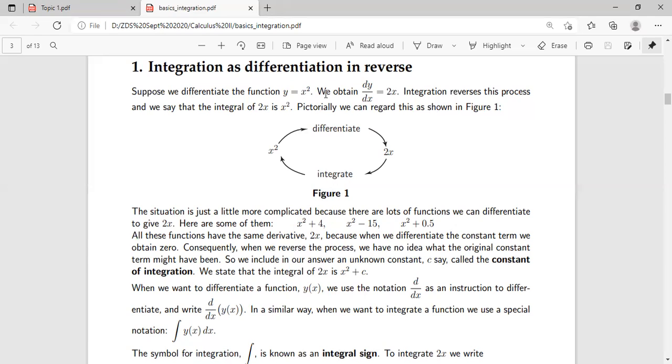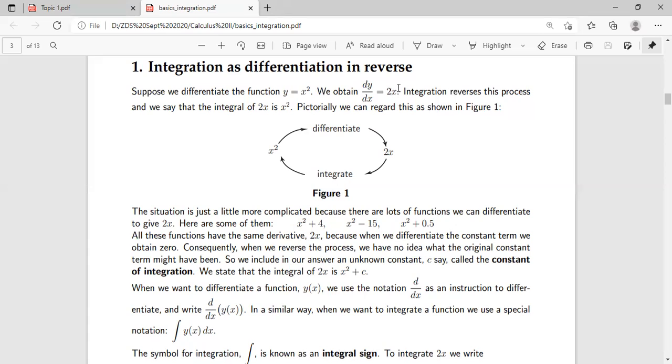Now, if we want to integrate, which is the reverse or coming back, we normally add 1 to the power and we divide by the new power, right? So we are going to have 2x. If we want to integrate, we add 1 to the power.